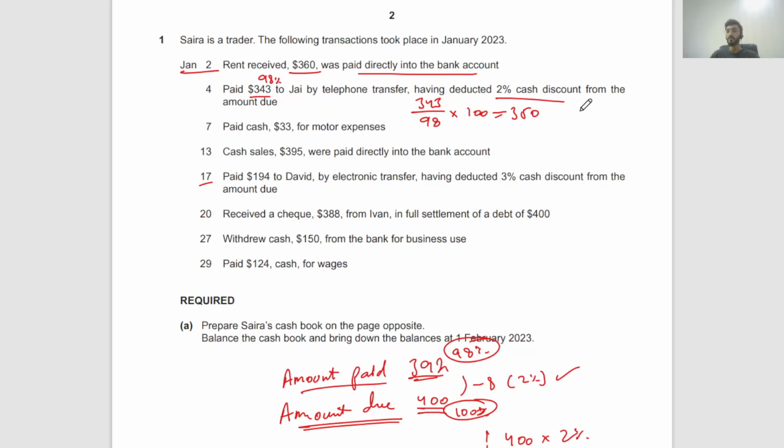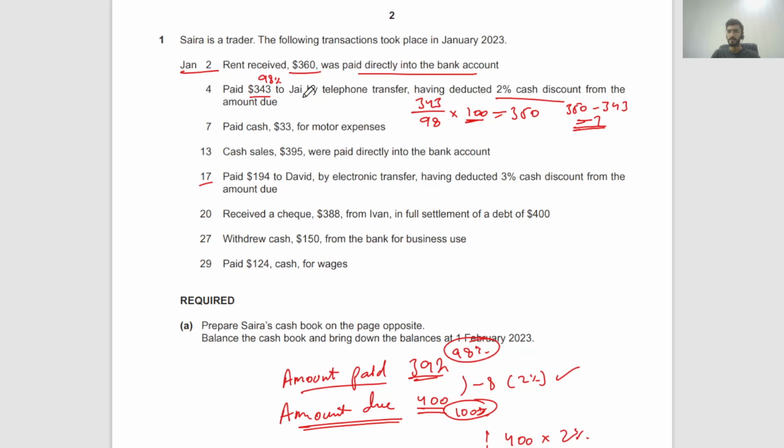And so the discount value should be 350 minus 343, which is just $7. You could have gotten this by just multiplying by 2 here. You can test. Let me try. 343 divided by 98 times 2. That's 7. Okay? Great.